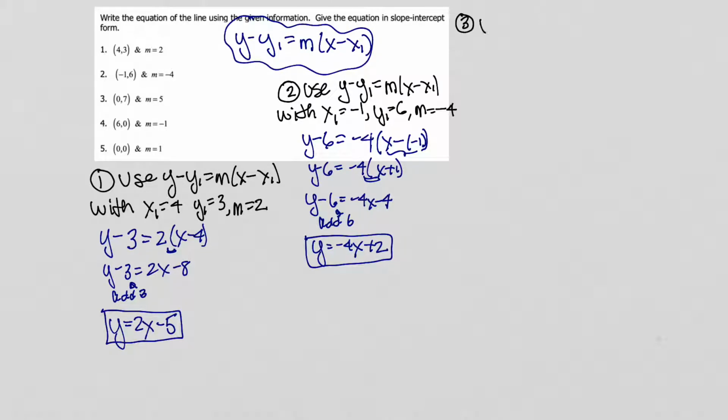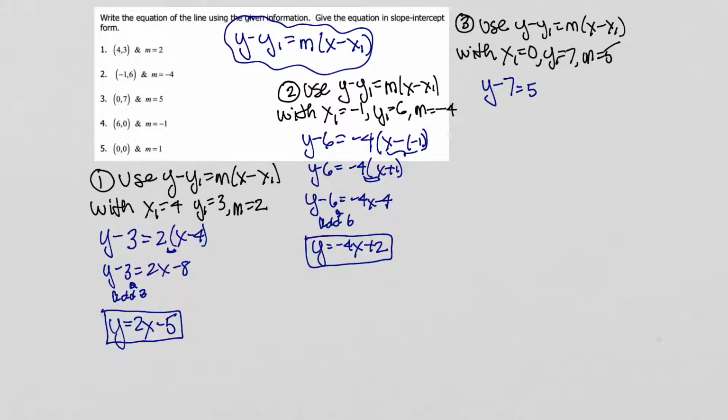And for number 3, again, we're going to use y minus y1 equals, so let's substitute these values into that template, and we will get y minus y1, but y1 is 7, equals m, which is 5, times x minus x1, x1 is 0. So we get y minus 7 equals, now what do we get here? Just 5x, right? 5 times 0 is 0, and then we'll add 7. So we'll get y equals 5x plus 7.